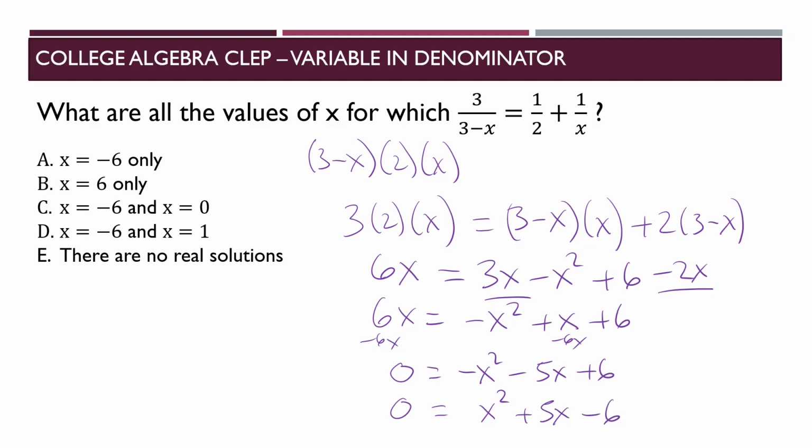Now we have a quadratic, x squared plus 5x minus 6, and I want to factor this using my two sets of parentheses, and I'm going to have an x here and an x here. I need two numbers that multiply to give me a negative 6 and add up to 5. Okay, so that's going to be 1 and 6.